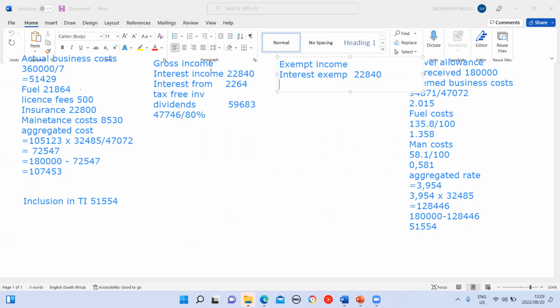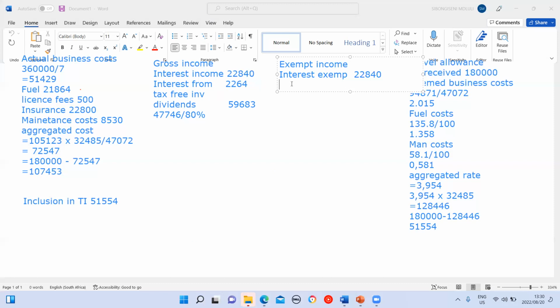A clear reason why I separated these two types of interest is that they're exempt in terms of two different sections. So interest is exempt in terms of section 10(1)(i). Then interest from a tax-free investment is exempt in terms of 12T.